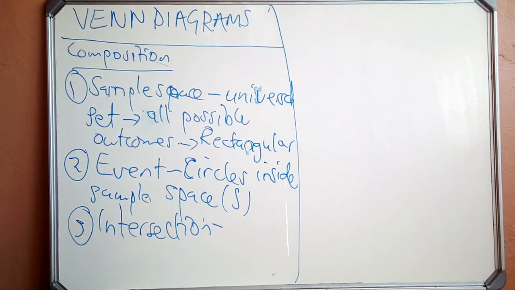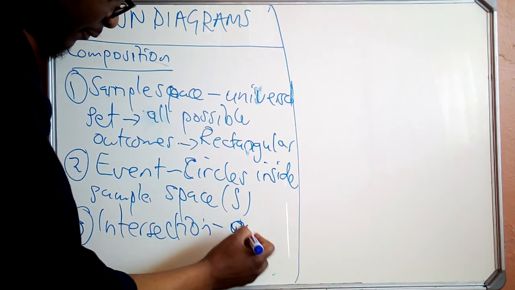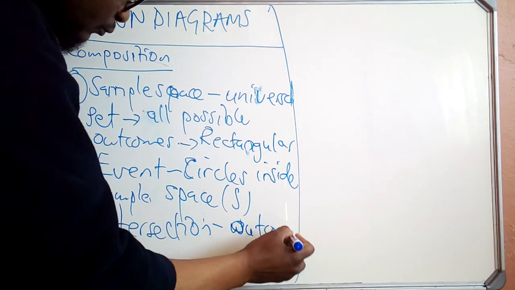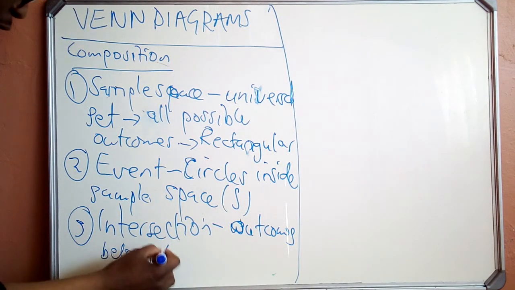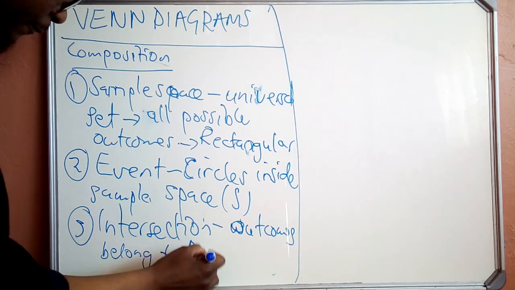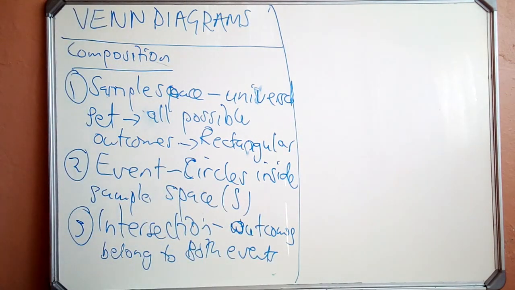It shows which outcomes belong to both events, or it may be three events, whatever the case might be.